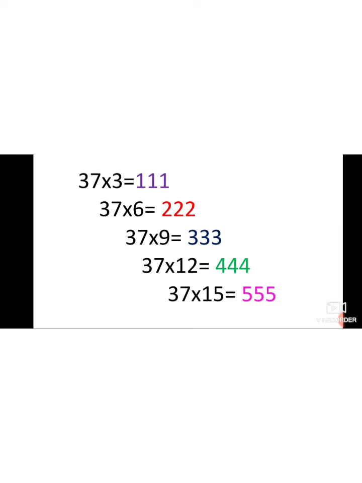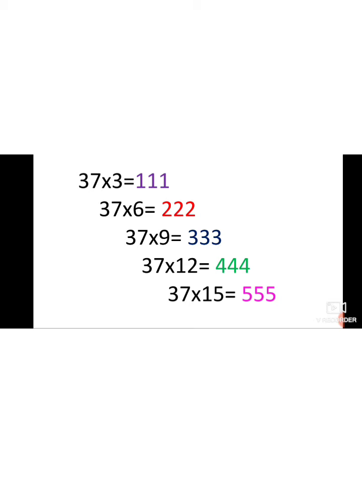Look at this curious number. 37 multiplied by 3 will give you 111. Now, multiples of 3, that is 3 twos are 6. 37 times 6 is 222, the double of the first product.